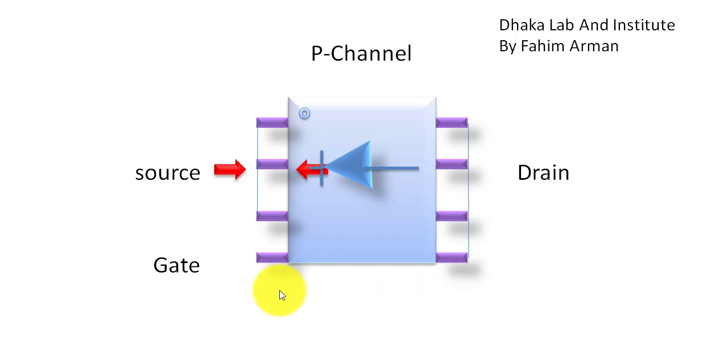But if you want to pass the source voltage to the drain side, you need gate switching. Then the source voltage will pass to the drain side. This is the way the P channel MOSFET works.